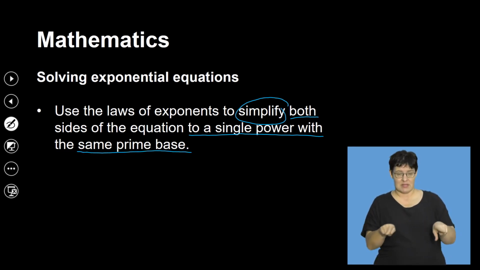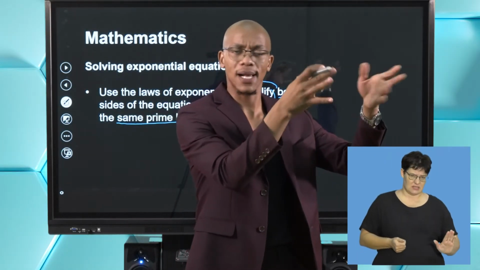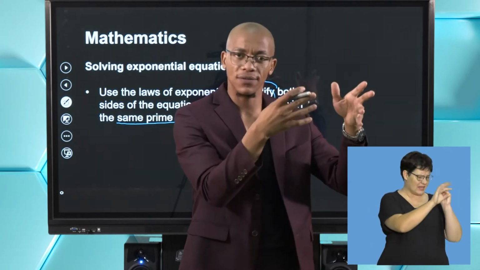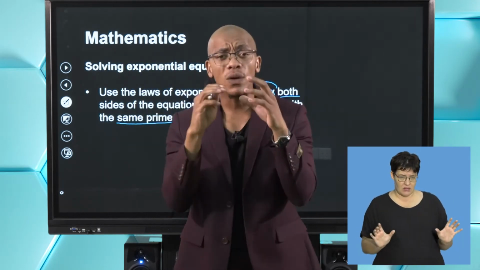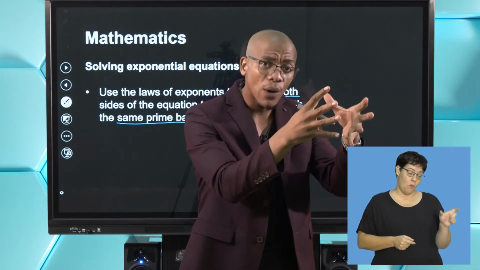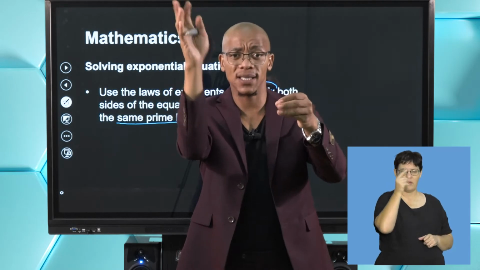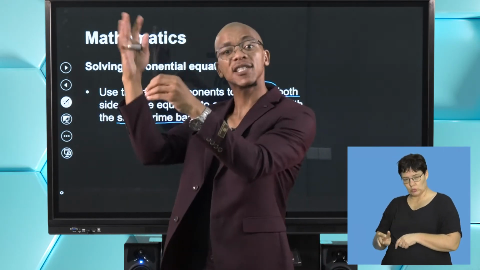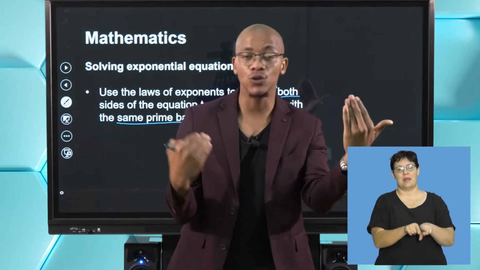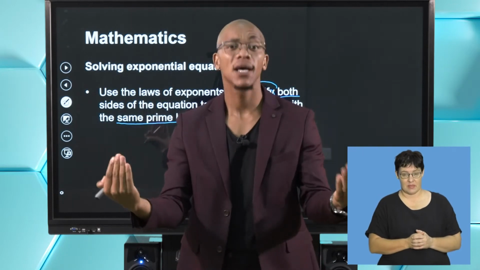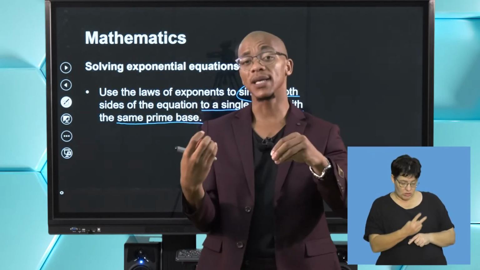Now the goal here is to make sure that if I have a lot of bases on one side multiplied together, added together and all of that, and on the other side again multiplied, divided and all of that, the goal is to make sure that I have one power, meaning 2 to the exponent of, it doesn't matter what is there, equal to 2 to the exponent of, it doesn't matter what is there. But the important thing are the two 2's that I have as my bases. And that's the goal. That is what we are trying to do after converting them to be in exponential form.